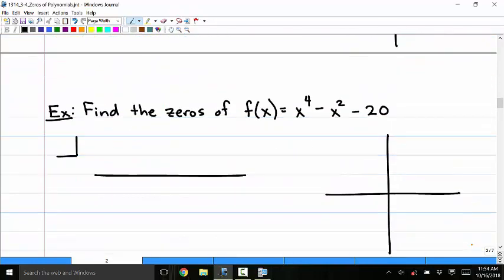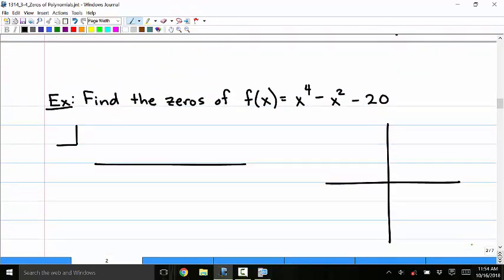Let's go do this all again. Find the zeros of x to the 4th minus x squared minus 20. Very first thing I'm going to suggest that you do is go look at the graph. After you look at the graph, I'm going to tell you, what is P? Negative 20. And Q is 1.